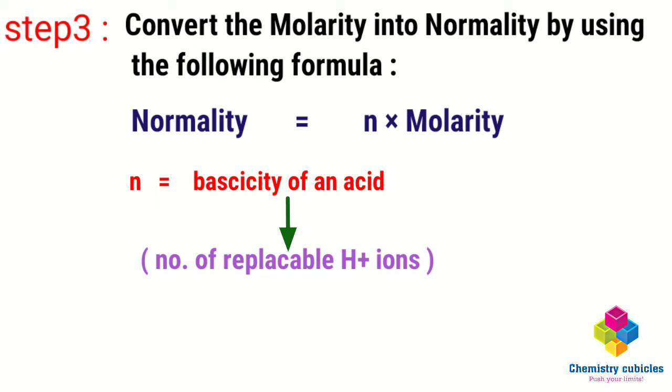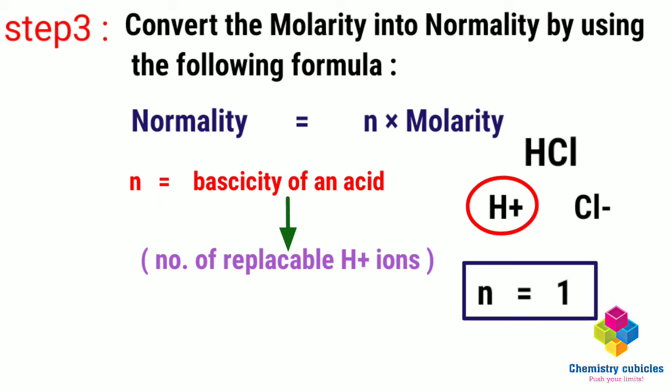HCl has a basicity of 1 because it has only one replaceable H+ ion. Hence, the equivalence factor n comes out to be 1.